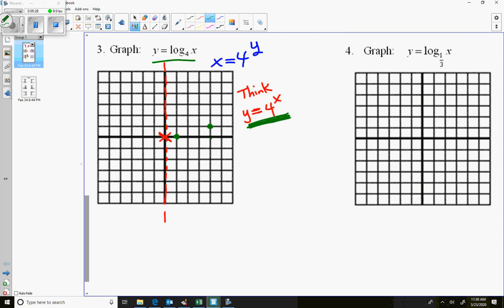My next exponential point would be right 2 up 16, which means my log graph is actually right 16 up 2. It's way out here. Not going to worry about it too much. But it's going to come like this, and again, it is chasing the asymptote. And that is my quick sketch quiz.